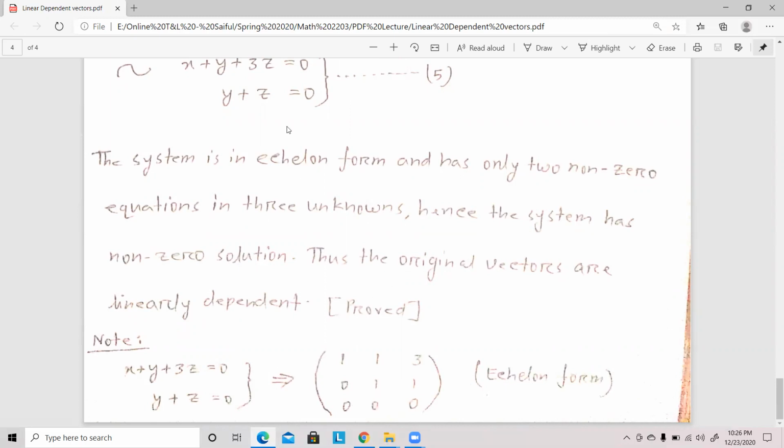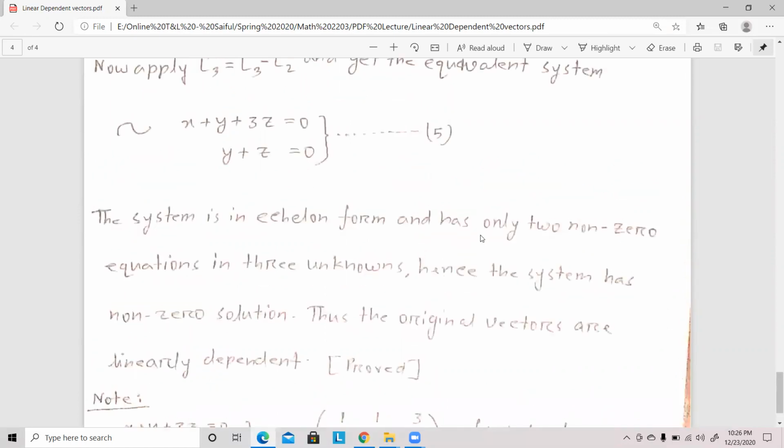So this system has been reduced to echelon form, and we observe that here there are two equations in three unknowns. So to find a solution from this system, we have to take a free variable. We have to let a value for the third variable, say z.